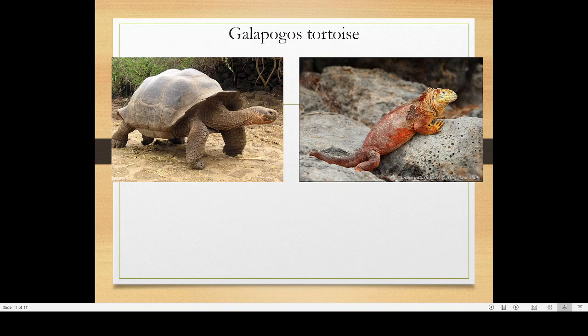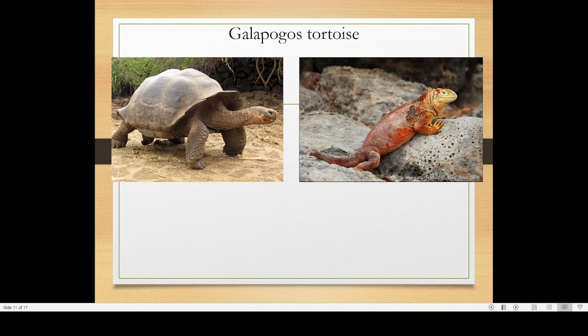Because of the lack of competition and the lack of enemies, these animals can grow without any kind of checking or any kind of predatory control. That is the reason why we are finding very giant animals in most of the oceanic islands. Because of the lack of competition, and the other reason that no predators are there, they can grow uncontrolled.